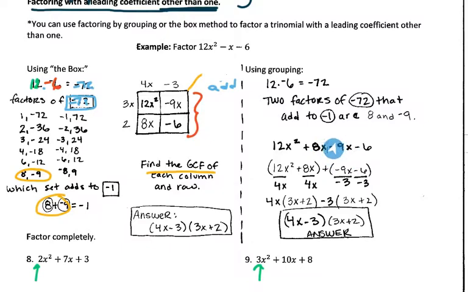So here's where our 8x and our negative 9 are, because technically negative 1x is the same as 8x minus 9x. If we go ahead and put them into the formula, replacing this negative x with these two pieces, now we have a 4-term polynomial that we can use grouping with.